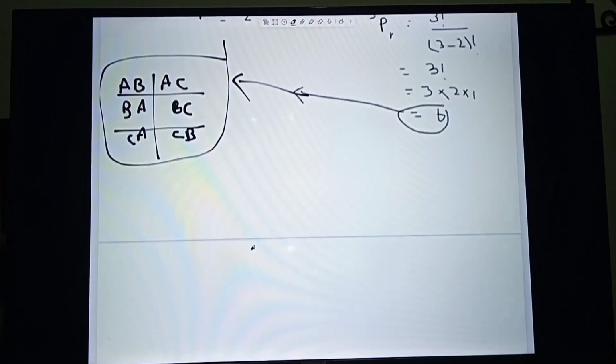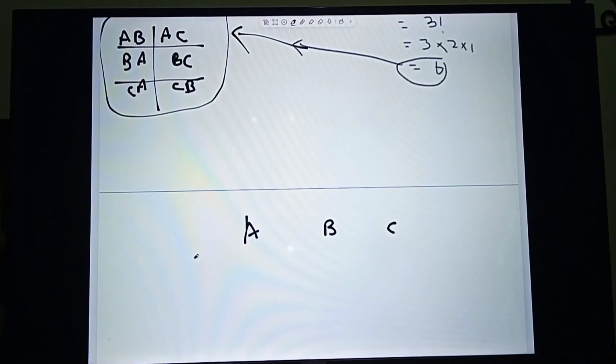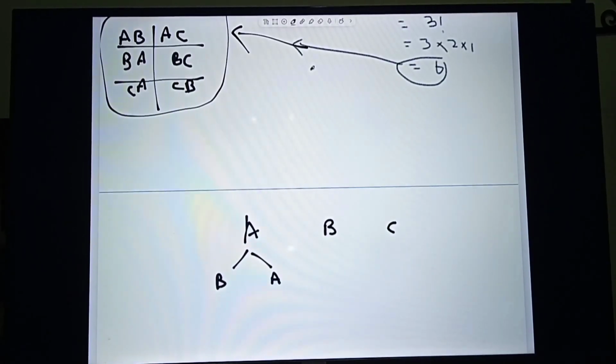Now you can also represent it with a tree diagram. So 3 books you have, A, B and C, and B and C can be kept with A. Repetition is not allowed, but order matters.